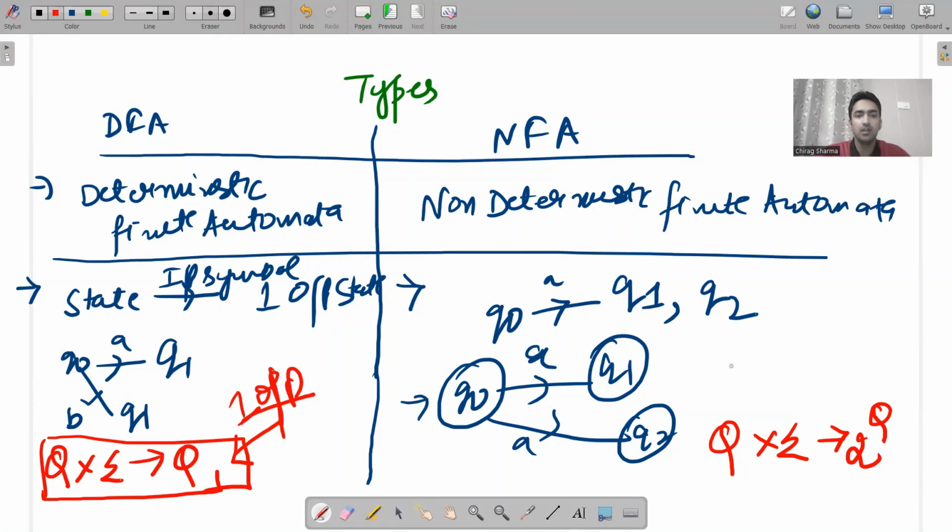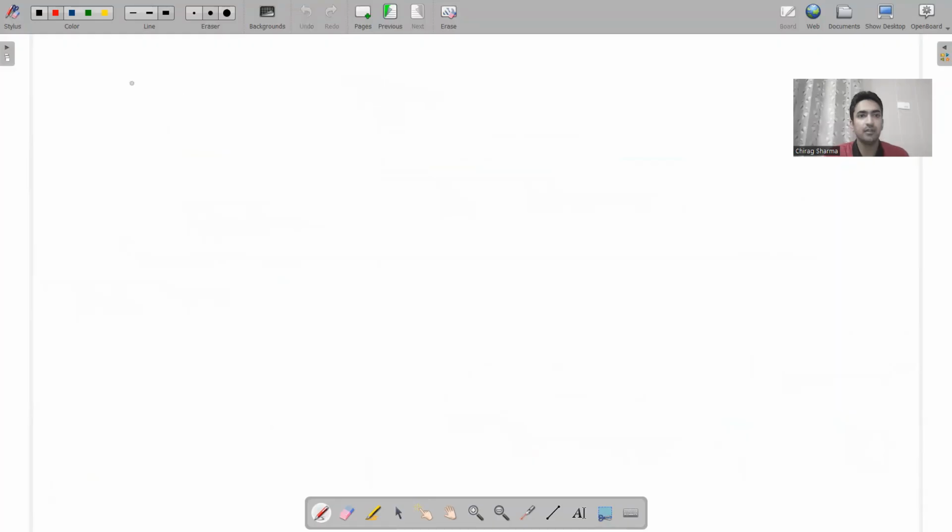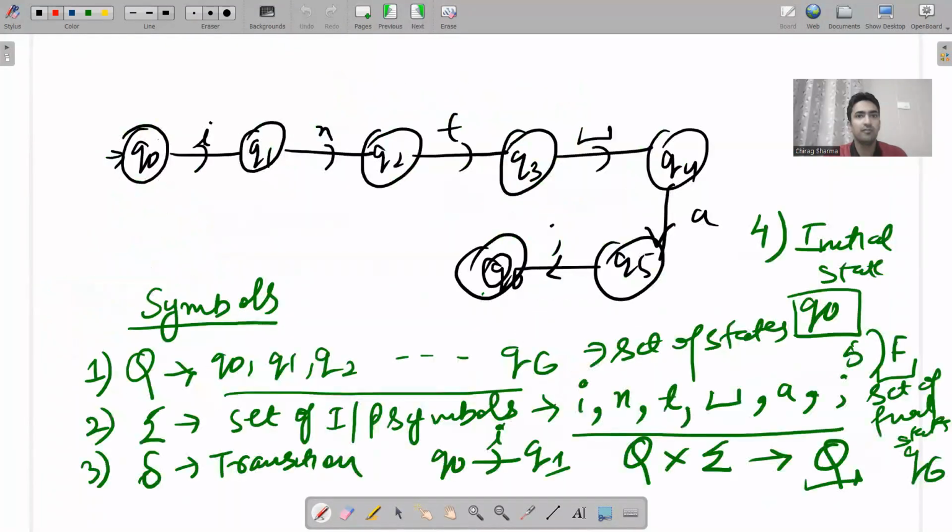But over here more than one output can be formed, right? So this is one important difference. And importantly, the diagram that we drew of this one, is it NFA or DFA? It is actually the case of NFA.